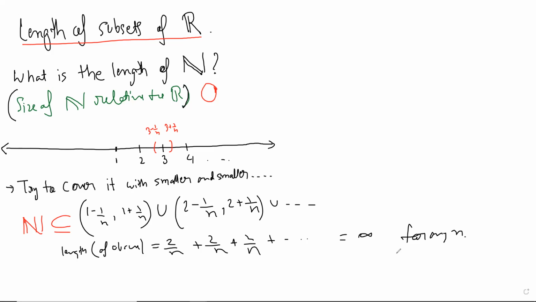For n equal to infinity, there's no such thing. Every natural number is... No, but even if n tends to infinity, this goes to infinity. The summation goes to infinity, doesn't go to 0. And all of us know the concept of limits. No matter what the n is, this will be infinite. For any n, it's exactly infinite. It doesn't come down at all.